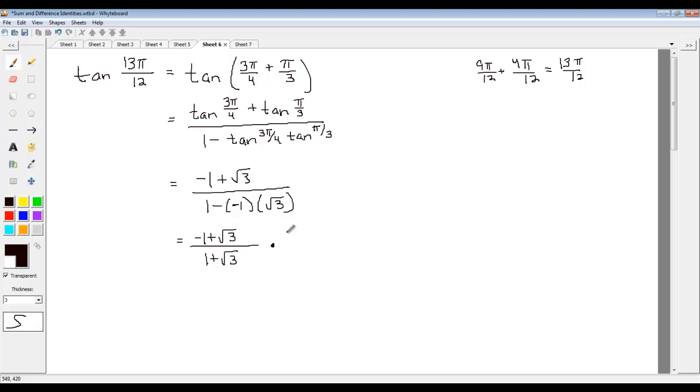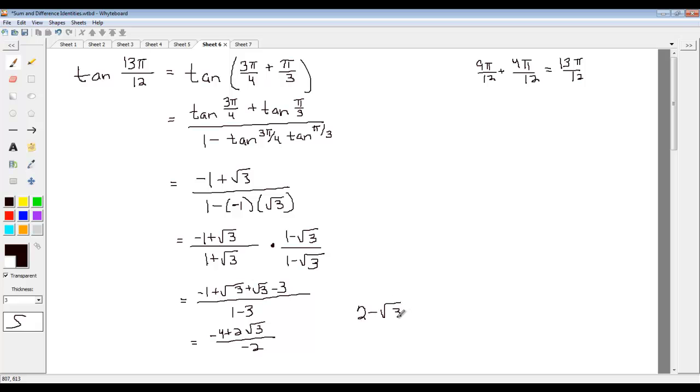If I rationalize the denominator, I take the conjugate of the denominator there and multiply top and bottom by it. I'm going to end up with negative 1 plus square root of 3 plus square root of 3 minus 3 over 1 minus 3. So I'm going to end up with negative 4 plus 2 square roots of 3 over negative 2, or 2 minus the square root of 3.